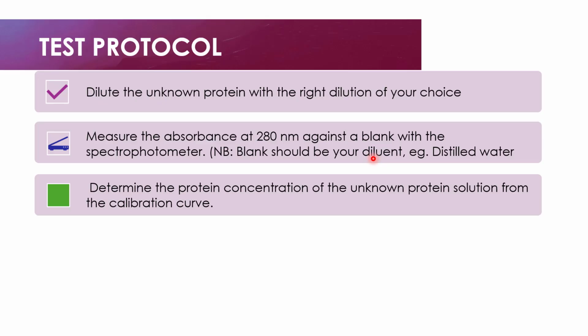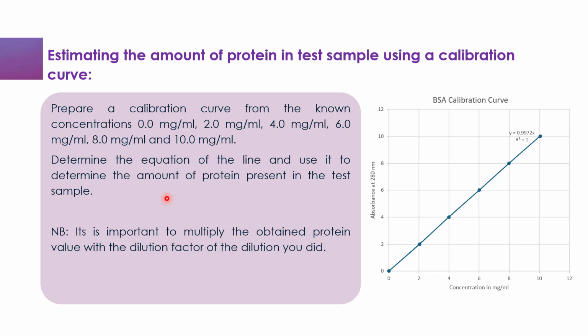So what it means is that if you use distilled water to do the dilution of your test sample, you obviously use distilled water as your blank. The next step is to determine the protein concentration of the unknown protein solution from the calibration curve. So what it means is that we are expected to plot a calibration curve.